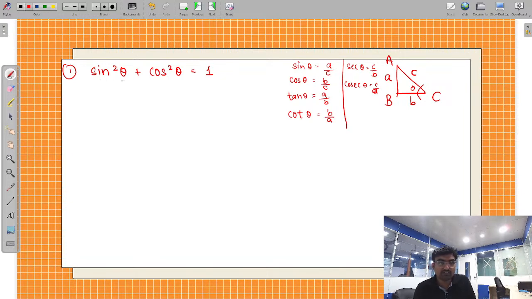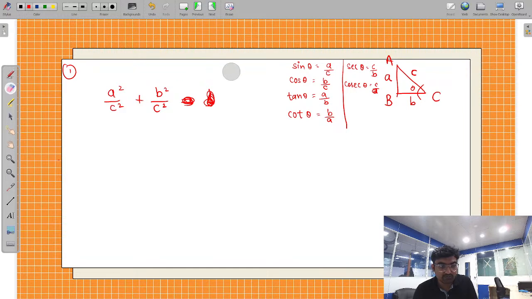Now let's write the sine square theta and cos square theta in terms of these ratios. So sine square theta will be A square by C square plus cos square theta. Now cos square theta is B square by C square equals 1. Correct? So this is the identity.